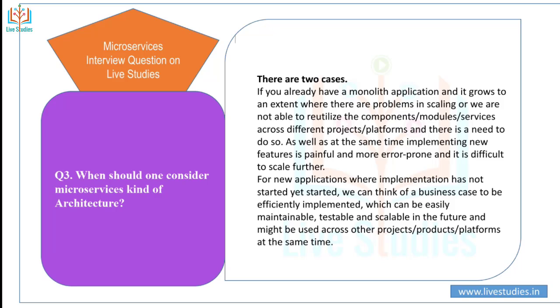If you already have a monolith application and it has grown to an extent where there are problems in scaling, or we are not able to utilize the common modules and services across different projects and platforms and there is a need to do so, as well as at the same time implementing new features is painful and more error prone, and it is difficult to scale further.